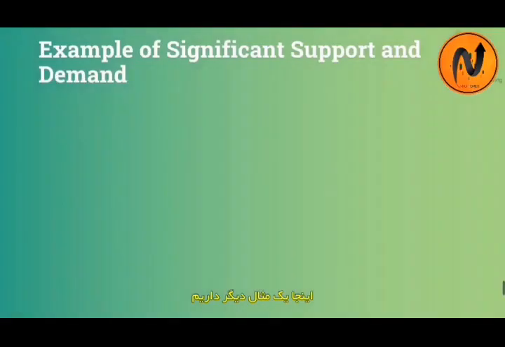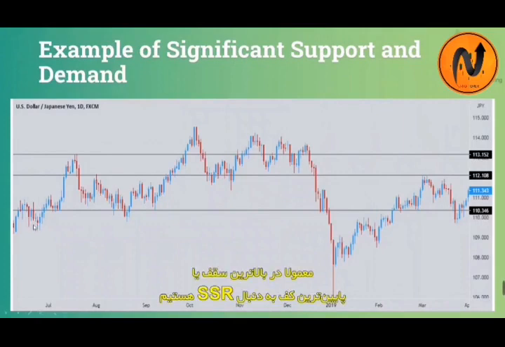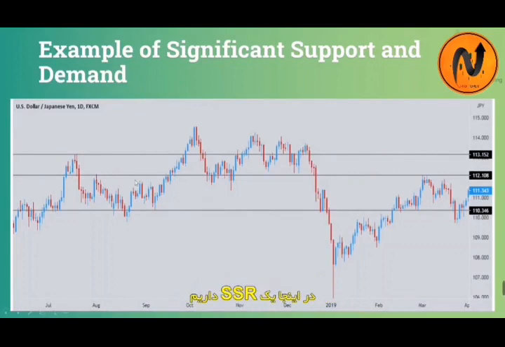So here we're going to have another example. Like what I said, usually we'll do it at the extreme high and extreme low. In this case, if you look at this, this is what we call a significant support and resistance. Why? At this area, extreme high, extreme low, you can see there are multiple rejections along this line.